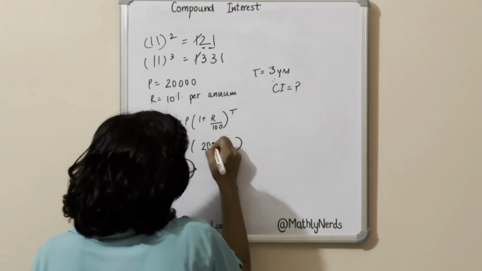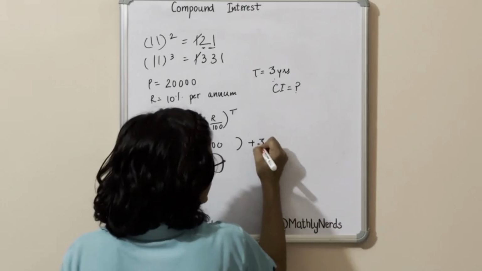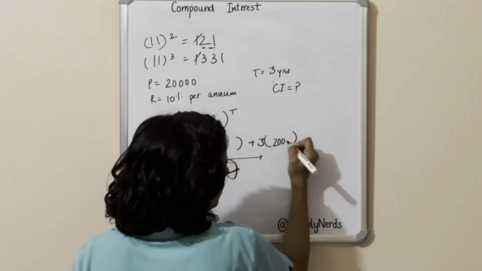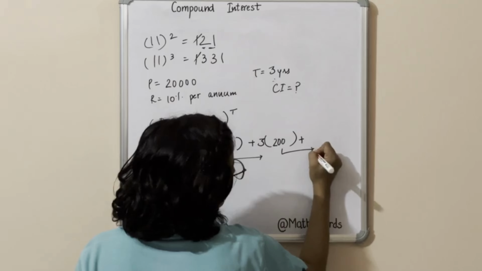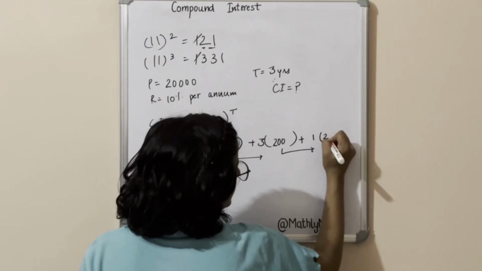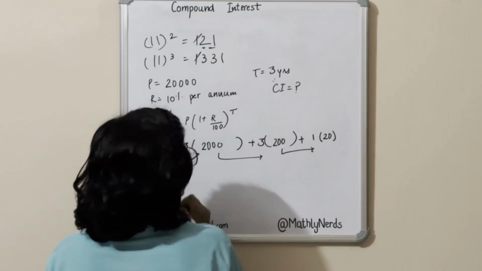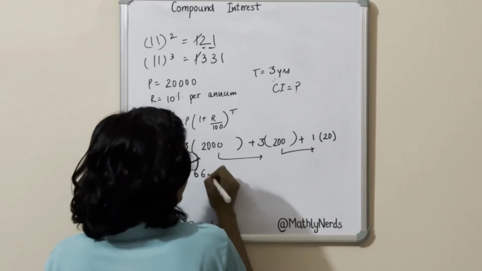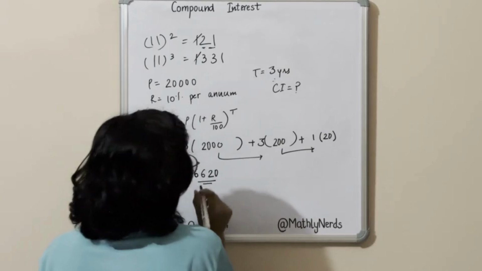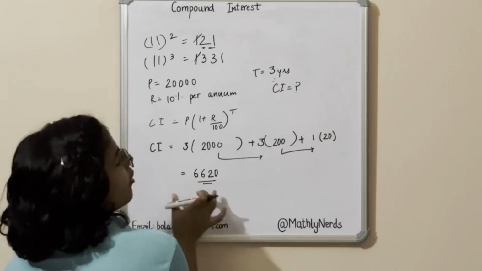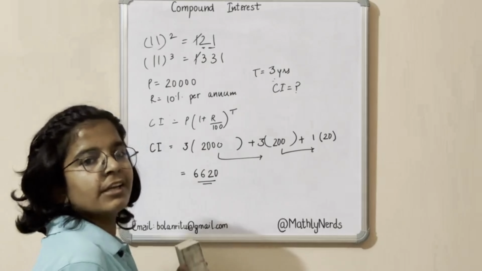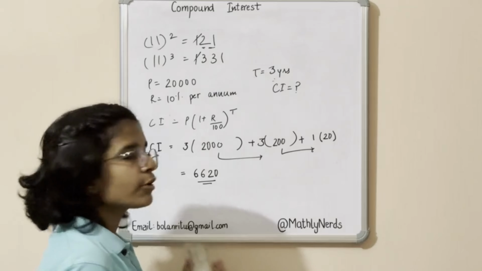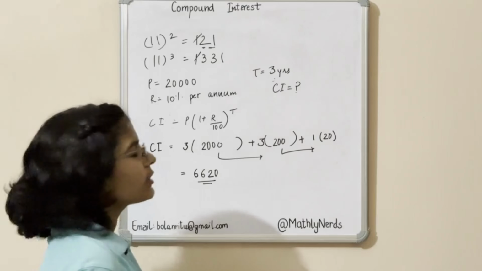It's 2,000, plus 3 times 10% of this, that will be 200, plus 10% of this into 1, that is 20. So our compound interest will be 6,620. And now you see, I used only 2 minutes to solve these questions, and if you use the formula, you will not be able to do this question in 2 minutes.